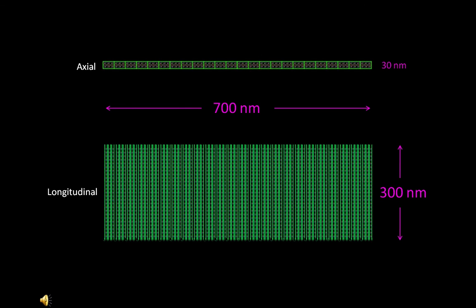Now we're ready to concentrate on the axial view. So here we have our axial view of a 24-unit length segment of 300 nanometer folded chromatin. Each of the 24 units shown contains a column of sextets of histone octamers, which you can still see if you look closely. The length of the structure shown, as we have already said, is about 700 nanometers.